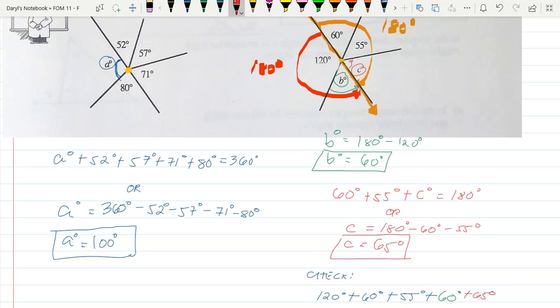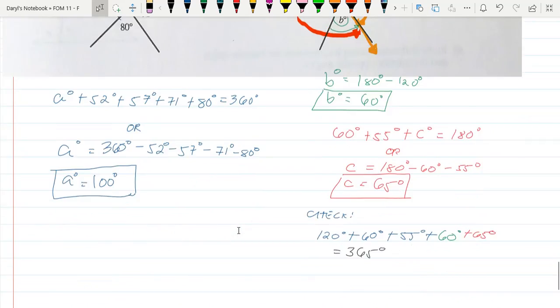So I should expect that the answer is 360 degrees. So 60 plus 55 plus 60 plus 65 gives 240 degrees, and adding the 120 gives 360 degrees. Indeed, my answer is correct.